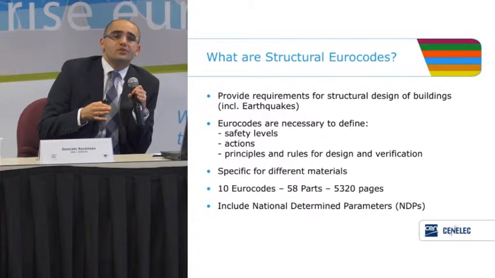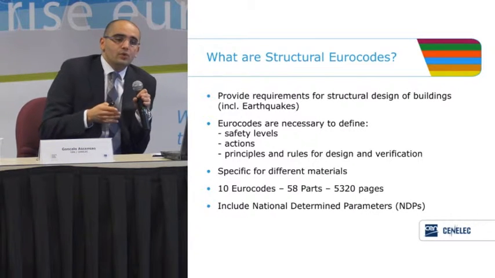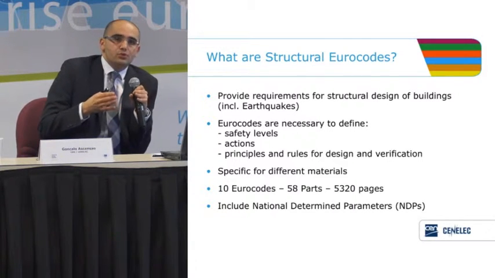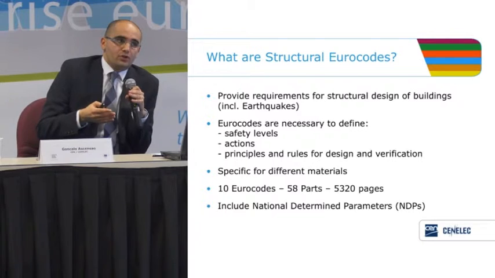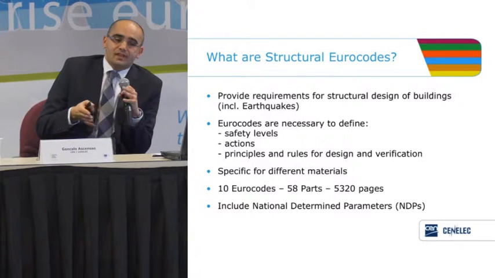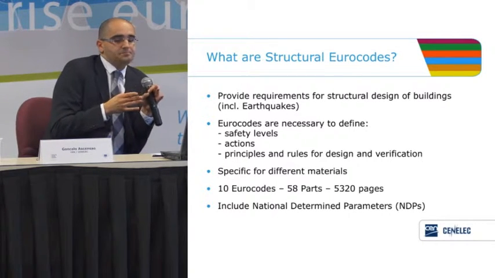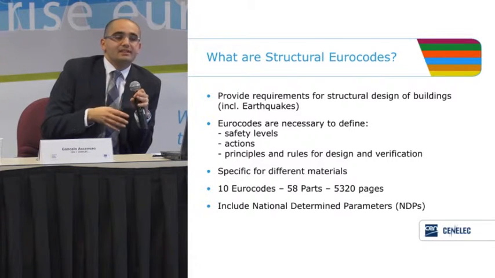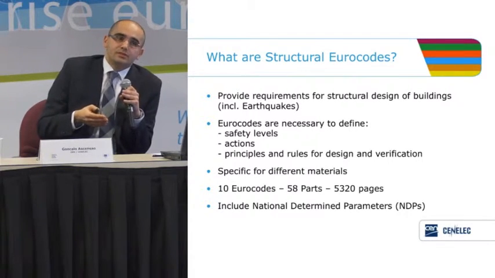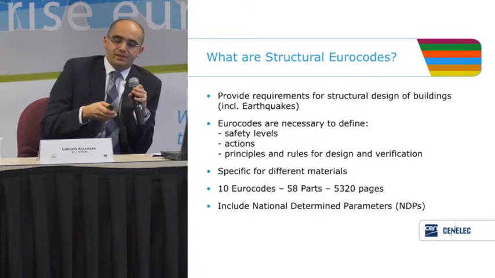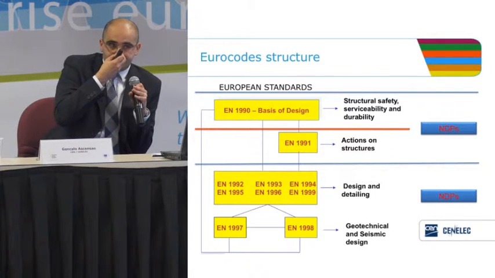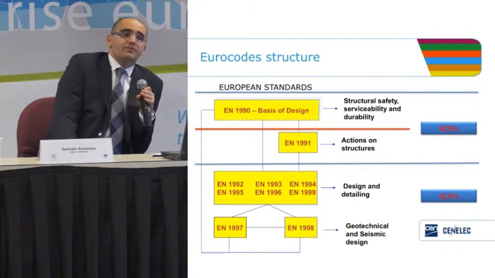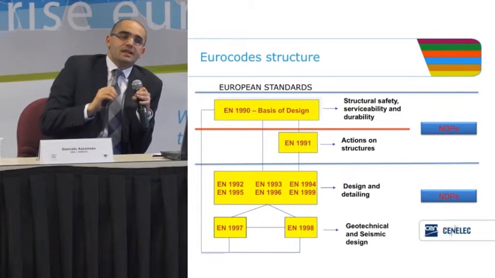It's an incredible technical tool, and the size of those documents is really huge. There is a specific aspect of Eurocodes: they allow the existence of nationally determined parameters. You can see here that we have one basic Eurocode, that is EN 1990.